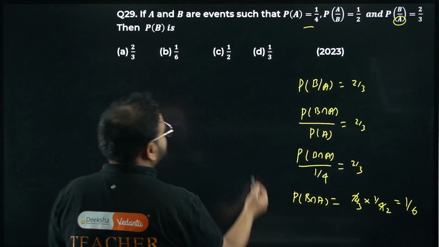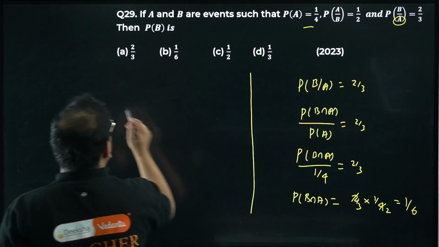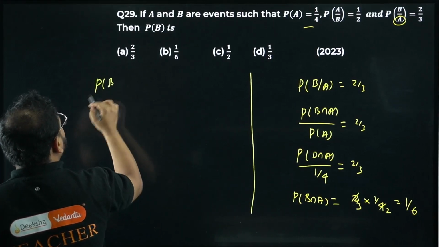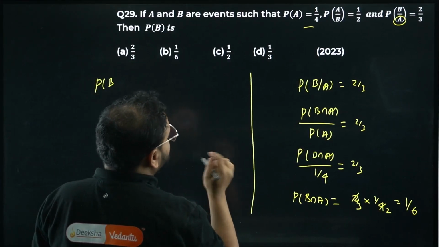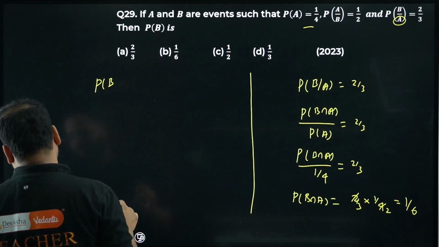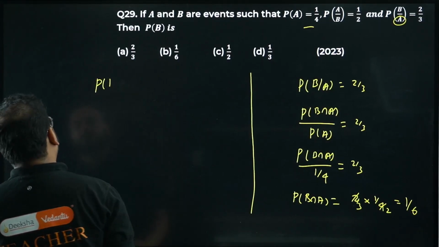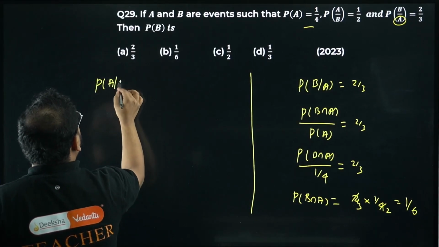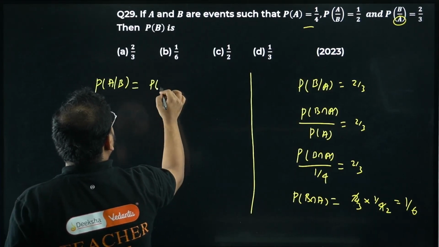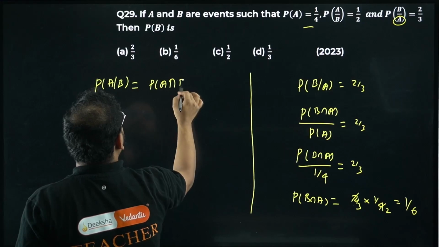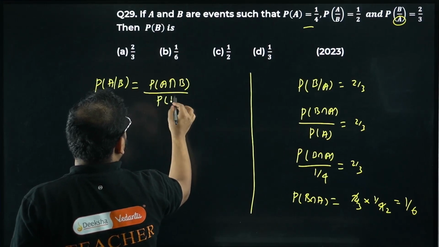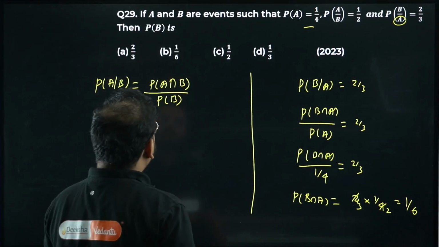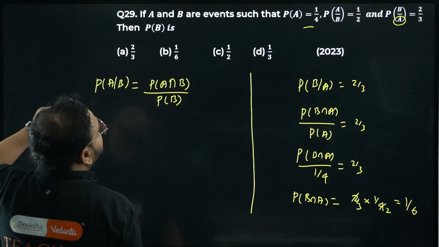I have the intersection value now. So I'll use the second one, P(A|B). Now we have to use P(A|B) equals P(A intersection B) upon P(B), right? I'm going to find this value.